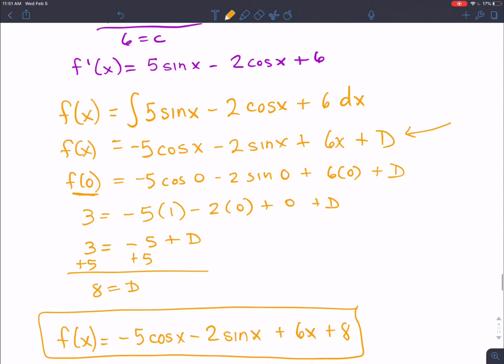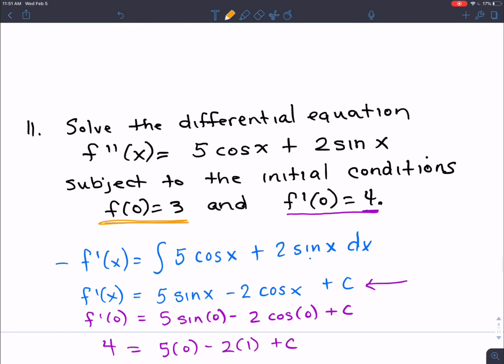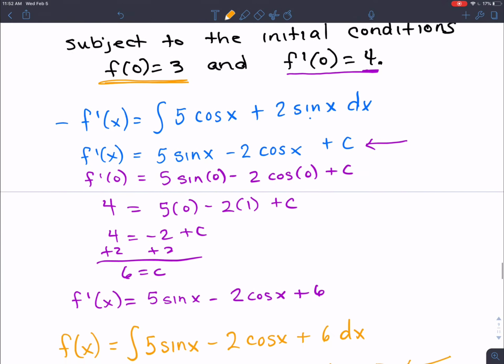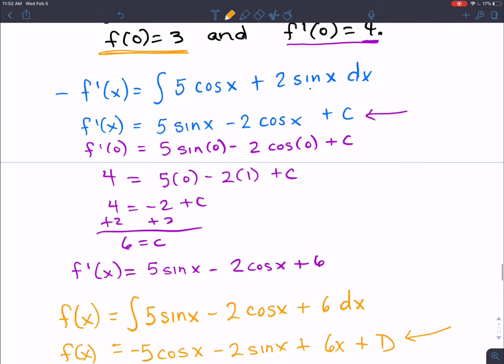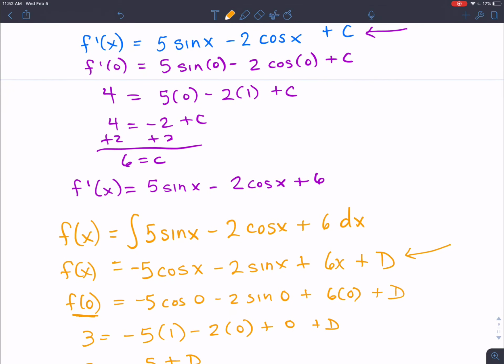So in this particular case, if they give you the second derivative, you integrate that to get the first derivative, and then you can integrate the first derivative to get the original function f of x. Now, of course, we need initial conditions to figure out the constants like the plus c and the plus d, but the process is pretty routine.